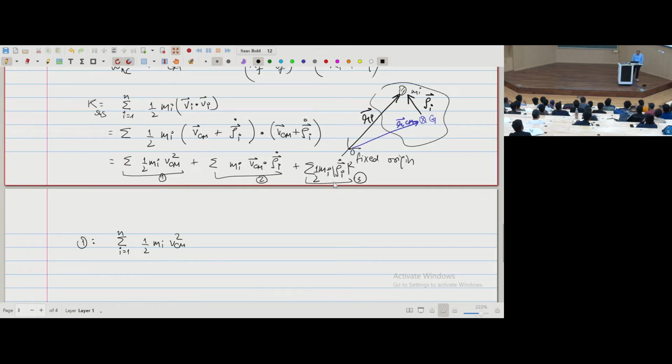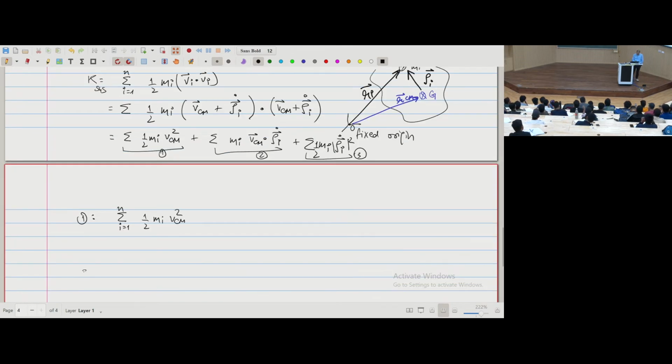Number 3. So rho i dot denotes the velocity with respect to the center of mass. You can think of it as 3 balls.